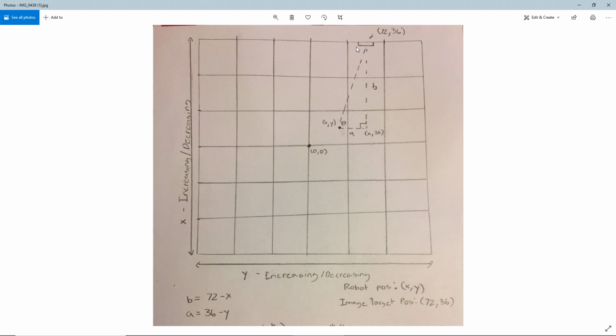So right underneath that tower goal, there's actually an image target that's parallel to it. So if we angle ourselves towards that image target, we'd also be angling ourselves towards the tower goal, and that would allow us to aim at the tower goal. And now for the coordinates of this, I'll explain that in a second.